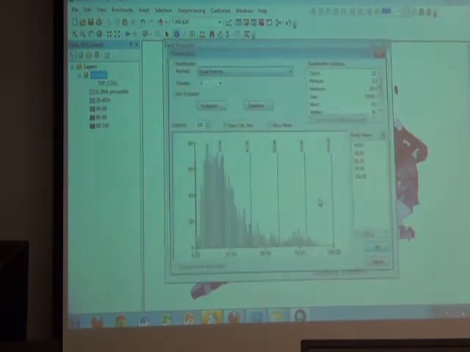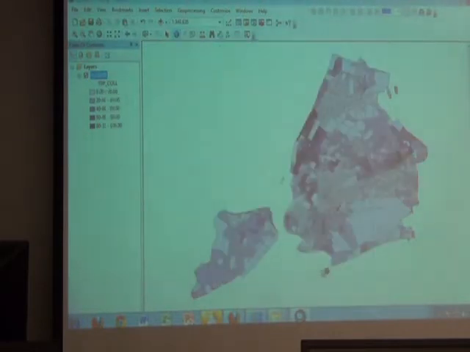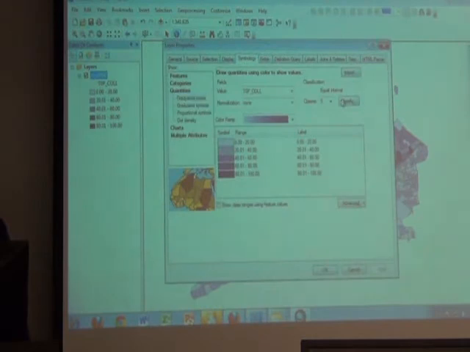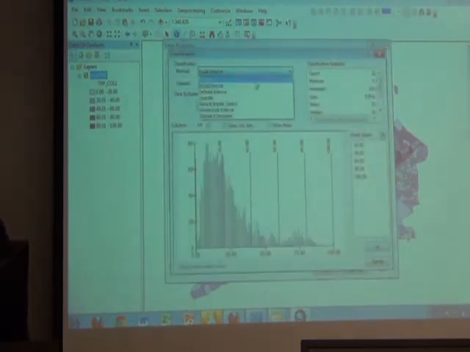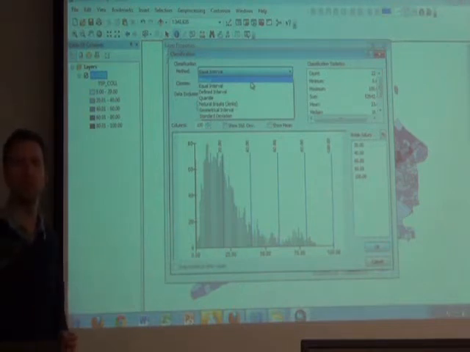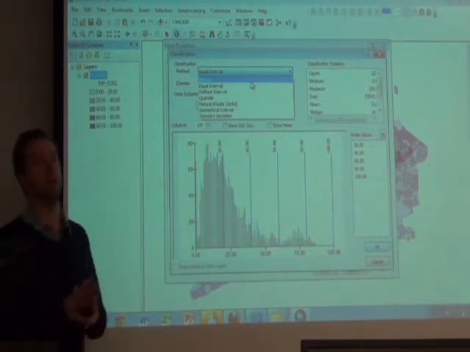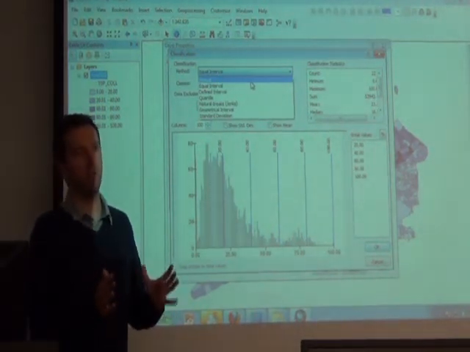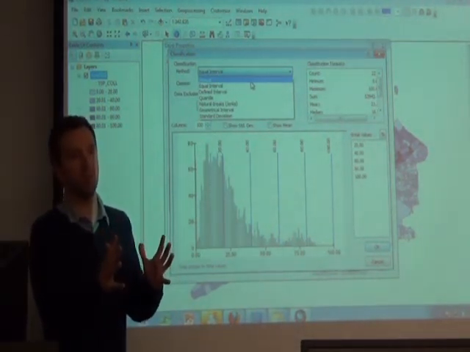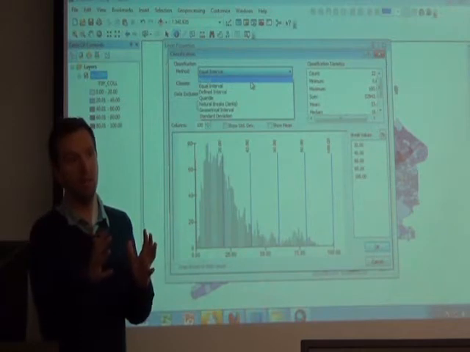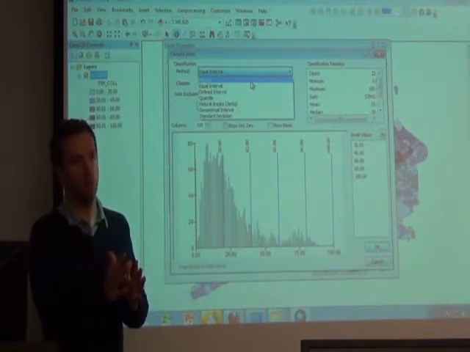What was the default classification when you first opened? What's that? You had the third classification, which was the default one when you opened? Yes, the default one, good question, is what ArcGIS calls natural breaks. I think that's the default, right, Jeff? Which is essentially an algorithm that goes through a distribution of data and finds the biggest gaps where there's the least observations in the number line and places thresholds there.